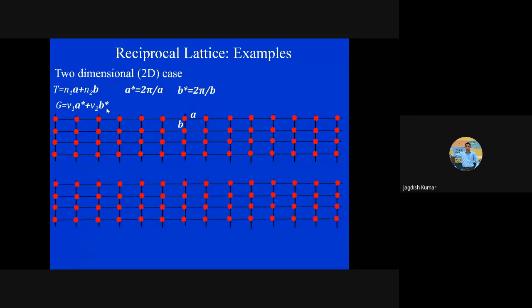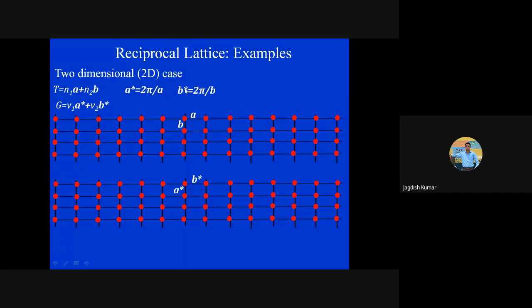So how would the 2D reciprocal lattice look like? To visualize on screen, it may look to you that I have just done a copy and paste. Yes, I have practically done that, but technically they are a little different. So basically now B star will be the longer one and A star will be the smaller one. So these two will interchange. Why so? Along the direction B, in this case, this vertical direction is B direction. In the reciprocal lattice, I have taken the horizontal direction as the B direction. Why?